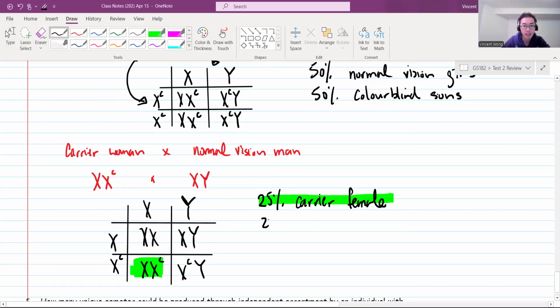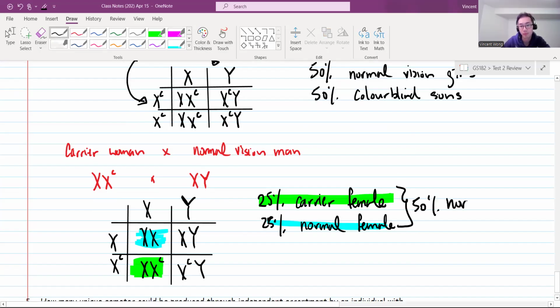And then 25% normal female, which are these ones. But remember, both of these are normal vision.